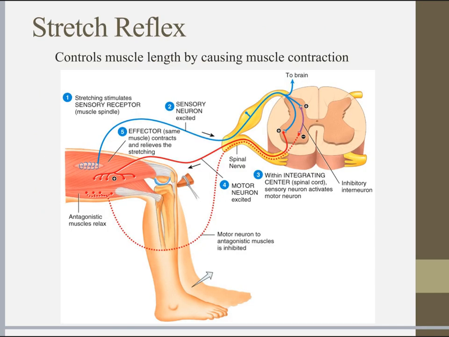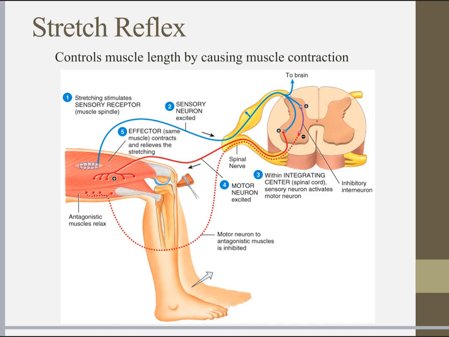Now, let's look at a couple specific reflexes. The first is a stretch reflex, and you're going to do this in lab. You've had doctors do this to you during physicals all the time. This is a patellar knee jerk. This is going to help control muscle length by causing muscle contraction. This is also a very simple, fast, monosynaptic reflex. So let's look.